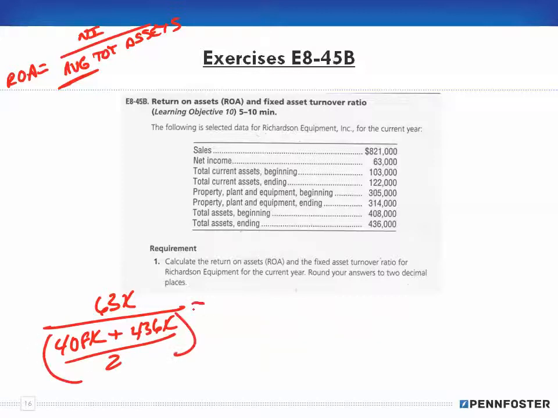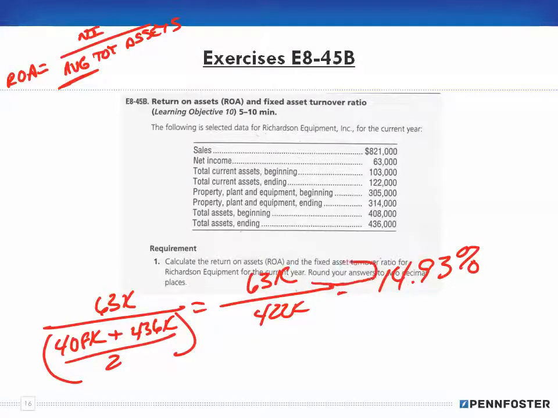So that equals 63,000 over, let's see, 408 plus 436 divided by 2 is 422,000. And that gives me, divide 63 divided by 422, gives me 14.93% rounded. The problem does say round your answers.